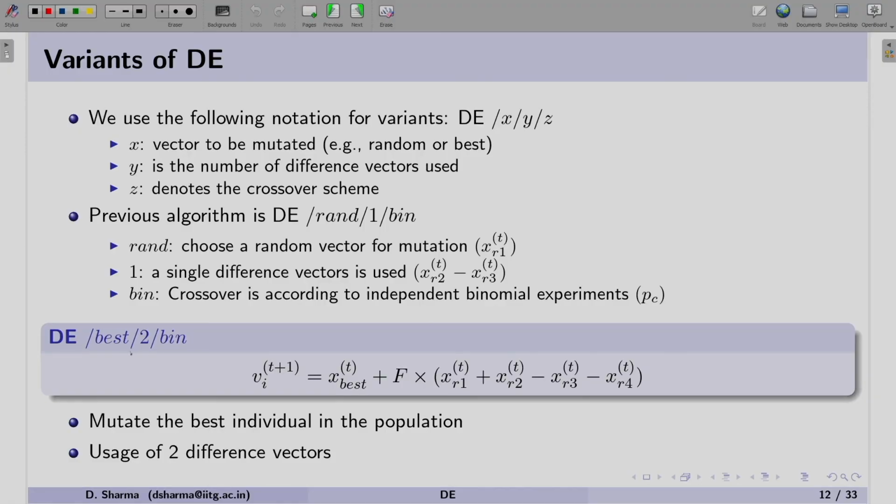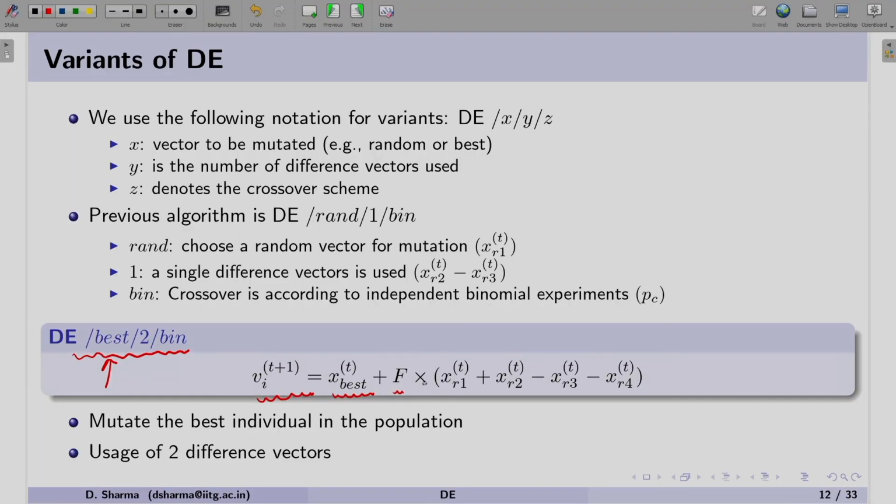So, what could be another variant of DE? Suppose we take DE/best/2/bin. How can we understand what kind of DE it is? The first term here is best. You can see in the formula that V_i^(t+1) is equal to x_best, meaning that in the given population, we find which vector has the best fitness, and that vector is chosen here. Then we have plus F, and now we are using 4 vectors in which 2 differences are used.